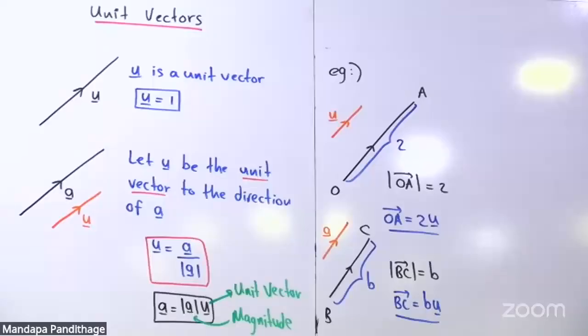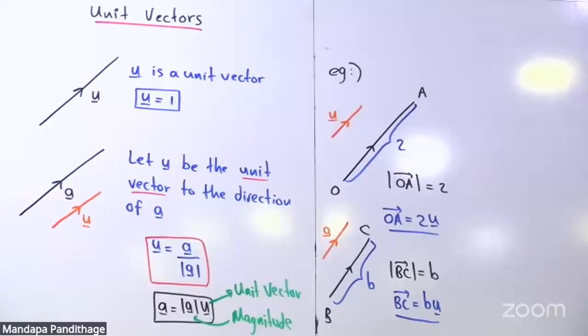Wait, there is a small correction. The 2A should not be underlined here. OA should be equal to A, just the distance. It should not be underlined.